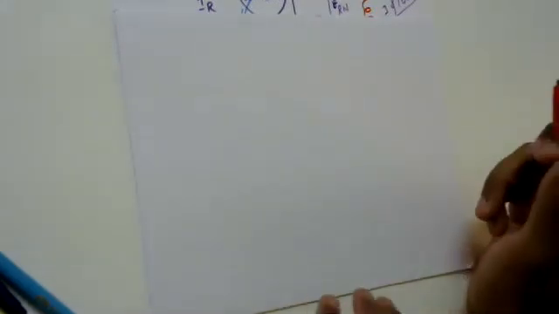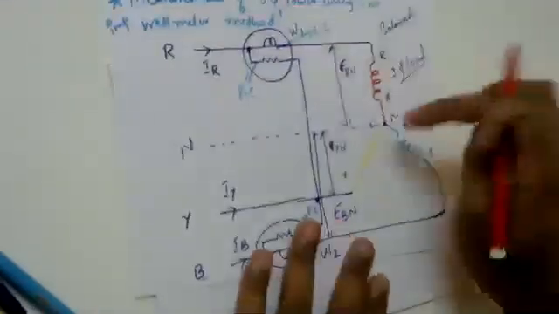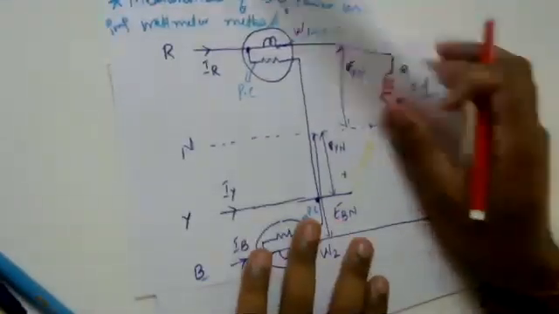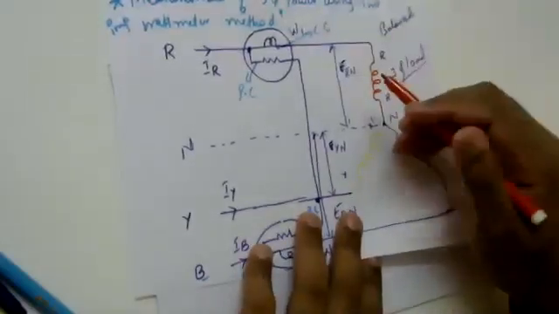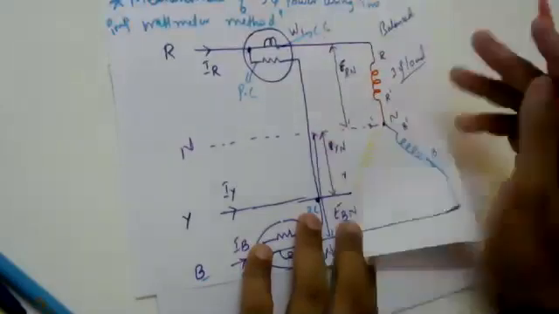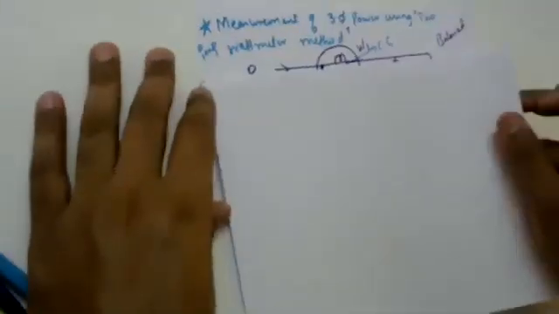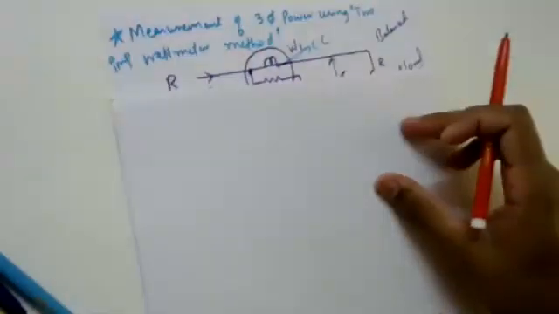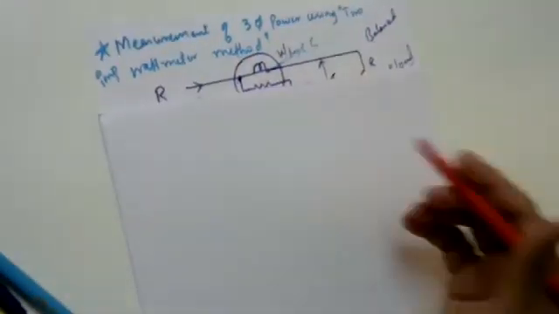Okay. Now let me say that I am going to draw the phasor diagram for this star connection. First I will consider these phase voltages ERN, EYN and EBN. So I will just draw the phasor.